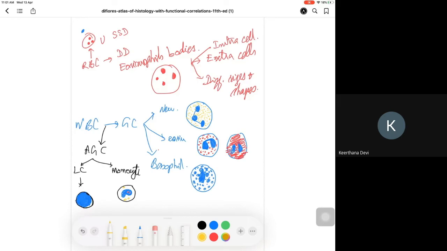And platelets, you usually don't see in the histopathology. But sometimes you may see megakaryocytes, and mega means large. They are large cells, and the nucleus is multilobated. It is not multiple nuclei. The same nucleus is multilobulated rather than multiple nuclei.